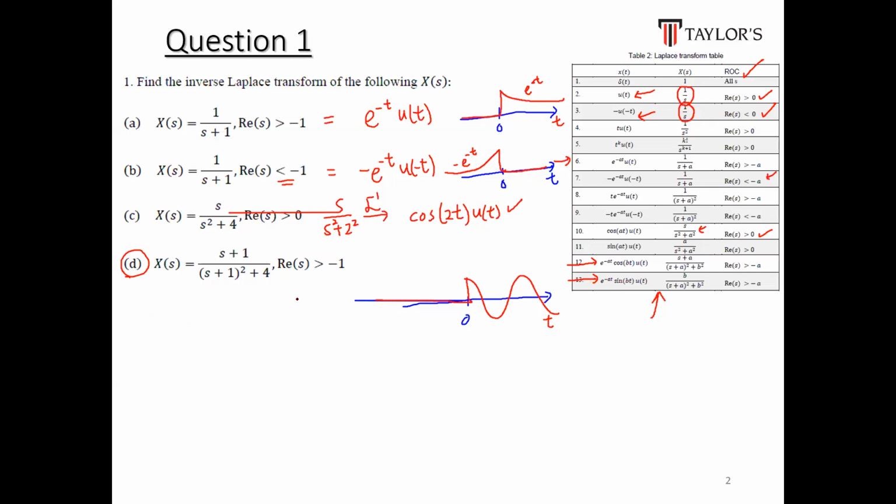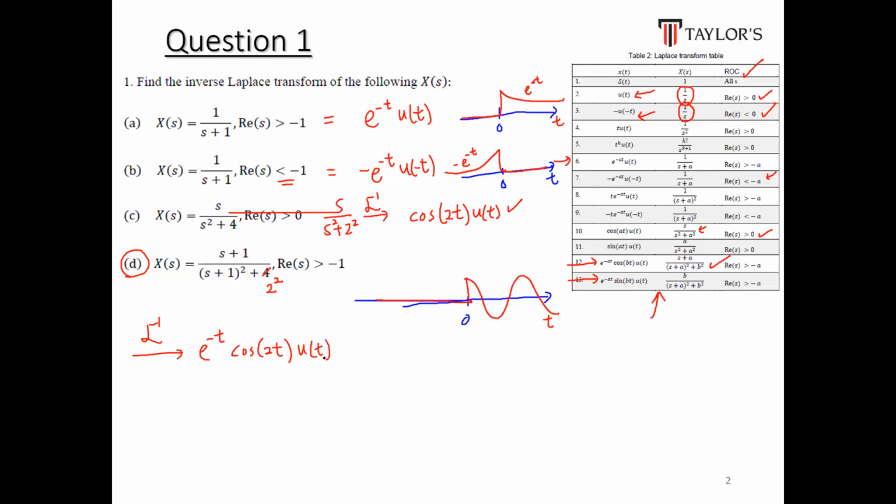So what you need to do is that, again, this 4 becomes 2 squared, so that it becomes exactly the same as this formula. Then you will have the answer, the inverse Laplace equals e to the negative t cosine of 2t, and then multiply by u(t).